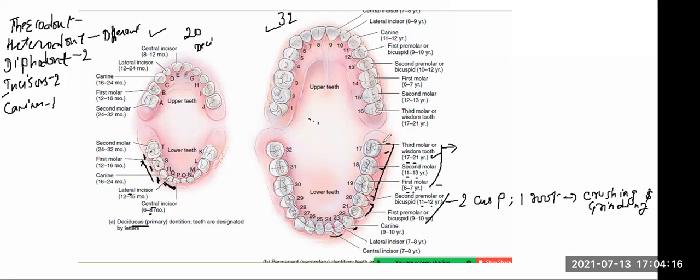That is why you feel pain and pressure, and sometimes you have to remove the wisdom tooth surgically. So it has less space posterior to the second molar.